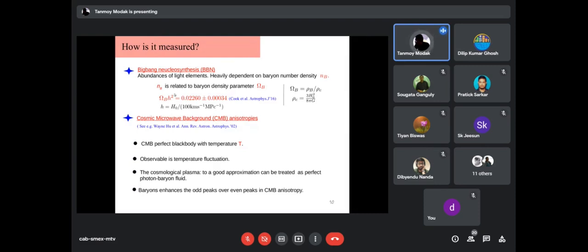It has been found that this Omega_B, normalized with the reduced Hubble parameter h, defined as H0, the Hubble parameter today, divided by 100 kilometers per second per megaparsec, gives Omega_B h squared equal to roughly 0.02, plus minus some error bar. And the error bar is pretty stringent.